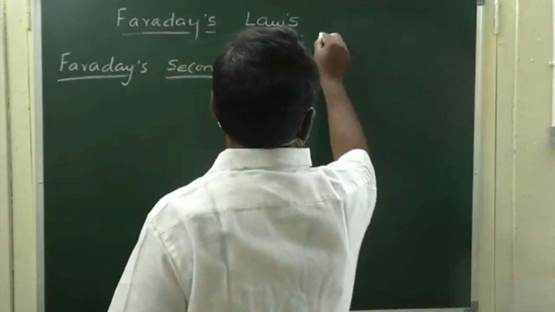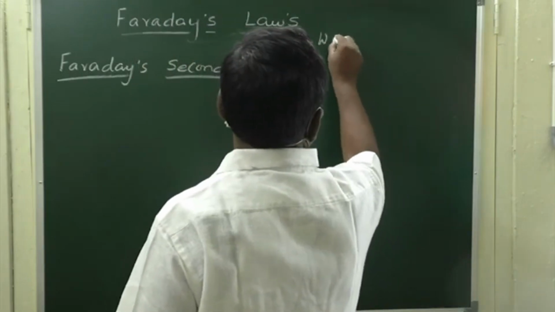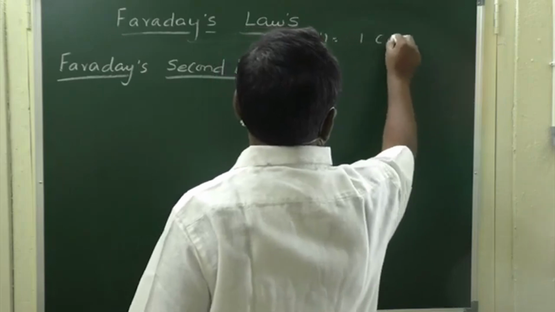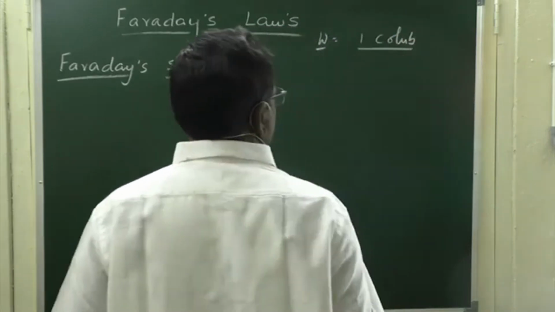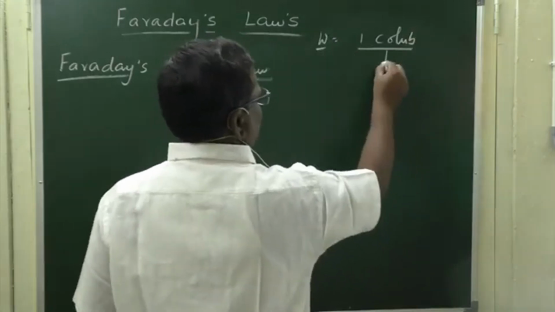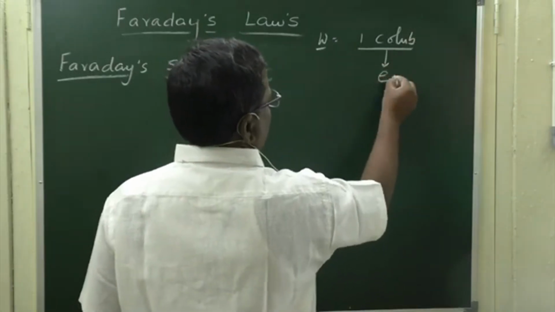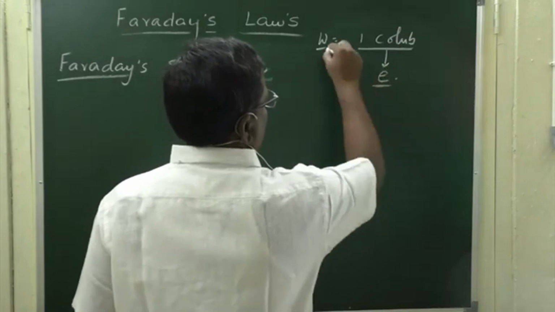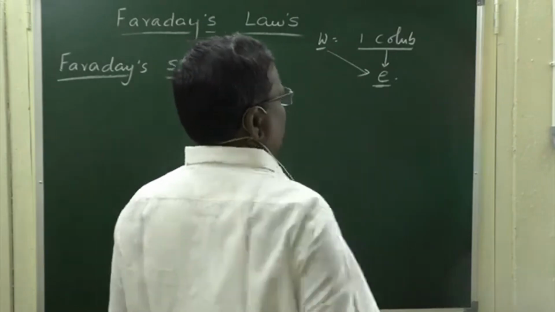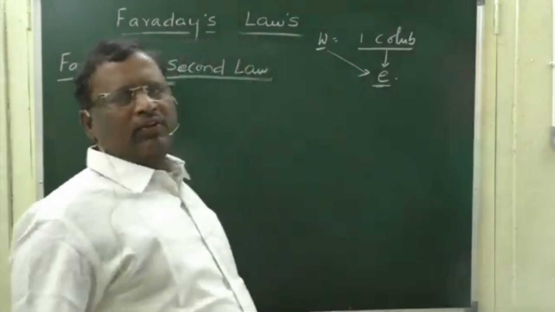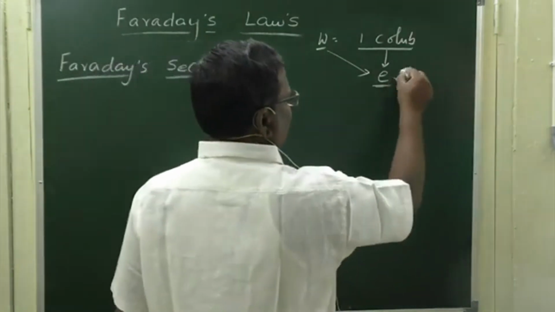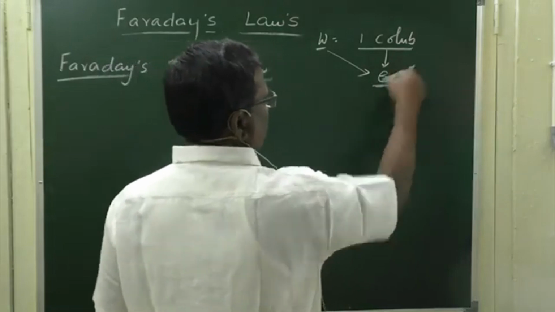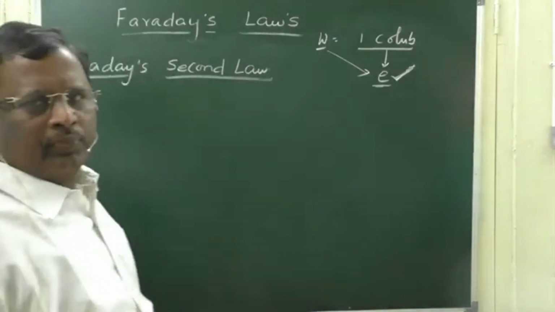Electrochemical equivalent is the weight of substance that is deposited by 1 coulomb of electricity. This value we are going to use in the second law also.